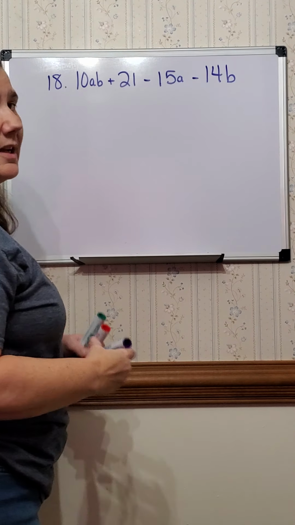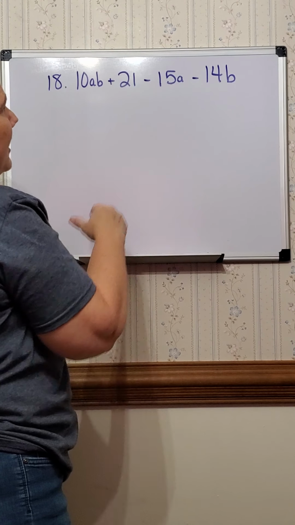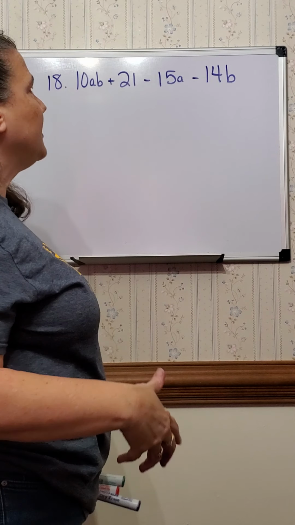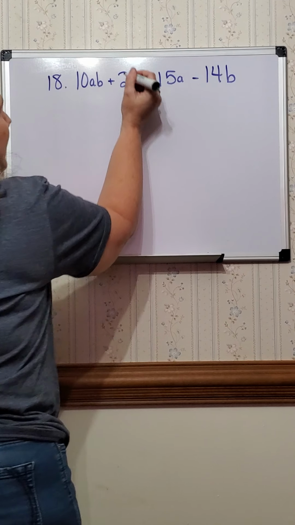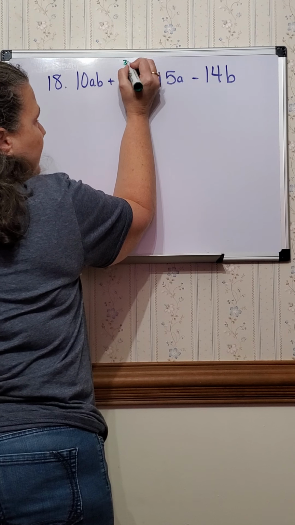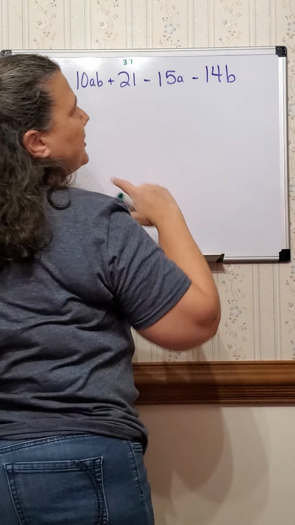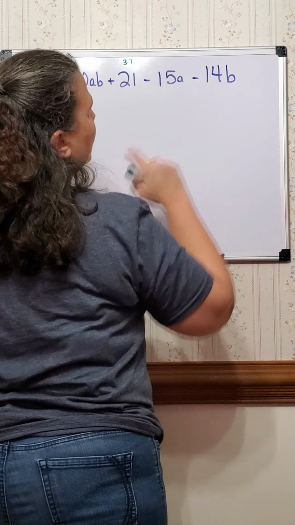I look at these and I go, well, that a could go with that, that b could go with that, but this 21 doesn't have any variables with it. So what can I do with that? Well, 3 times 7 gives me 21. Are any of these numbers divisible by 3 or 7? Well, this one or that one.